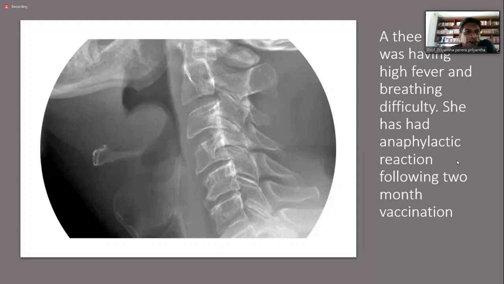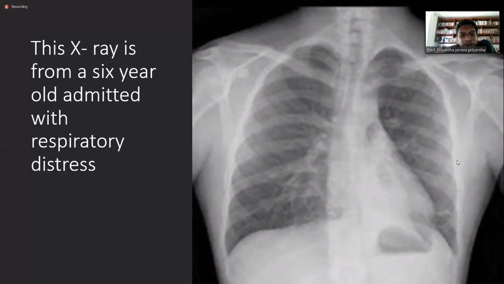This is the X-ray from a 6-year-old admitted with respiratory distress. What is the most significant feature in this X-ray? Can anybody think?